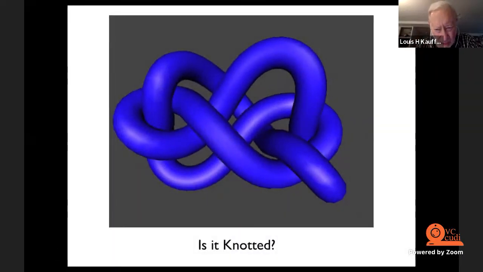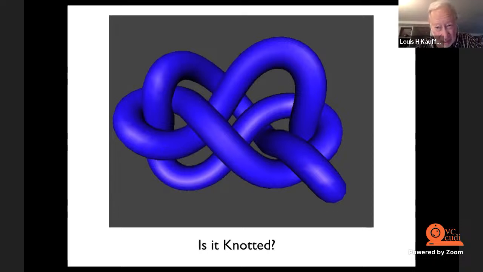So a little reminder about things in knot theory. We're concerned with whether things are knotted, of course, and when you have something a bit complicated like this, it isn't immediately obvious whether or not it's knotted. As a matter of fact, this one isn't knotted.